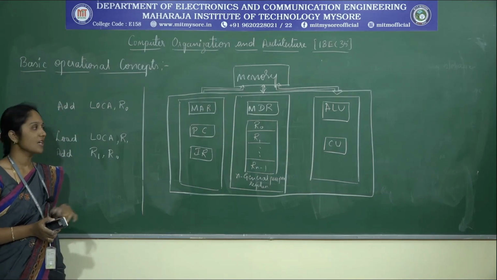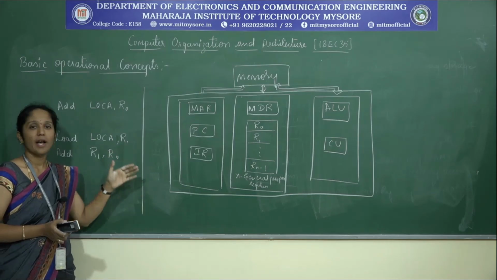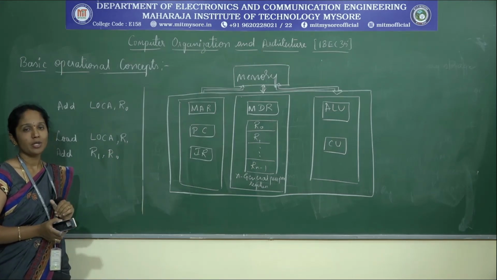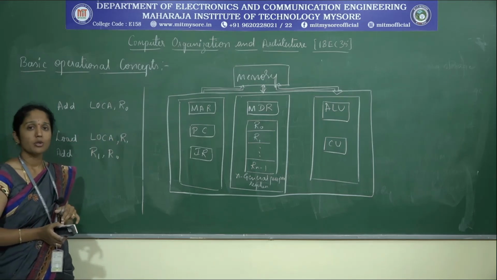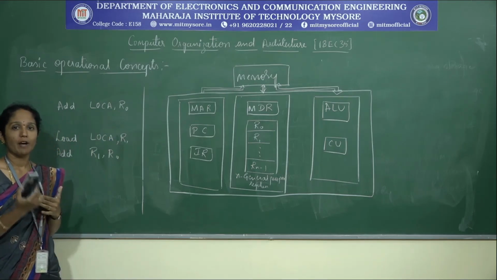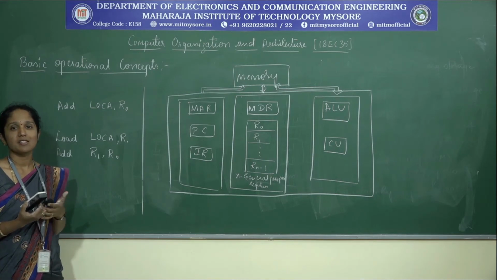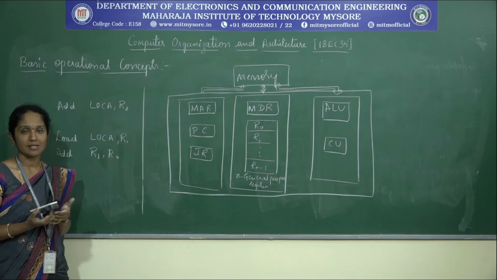In order to understand how the operation happens within a computer, we need to understand the basic operational concept. So we have to write a program consisting of a number of instructions in order to perform a particular task.